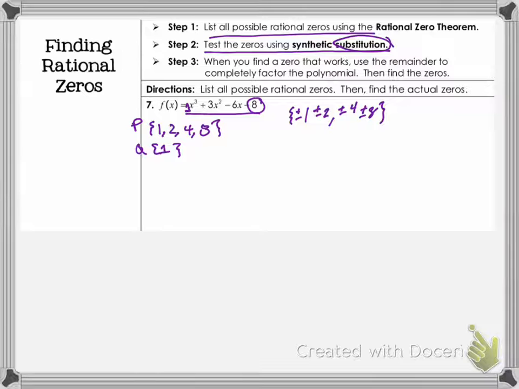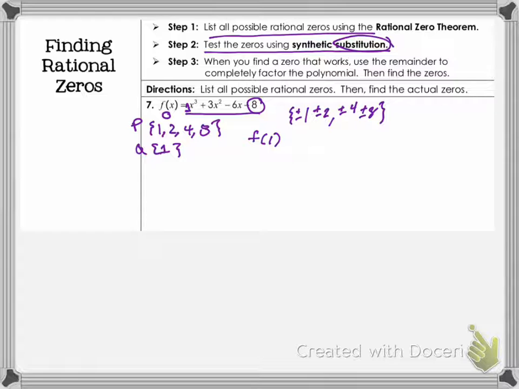And I always say use 1 first. Now remember, this is really just going f of 1. Does f of 1 give you 0? You're looking for 0 here. So I don't use synthetic division for 1 and negative 1 because I'm faster at just sticking a 1 in the original one.